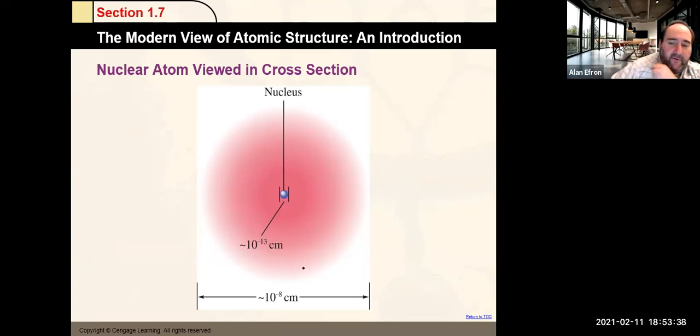Again, you can see that very small part in the center. And this picture is our nucleus, where we have protons and neutrons. And obviously all that pink color or red color is what's sometimes referred to as the electron cloud or electron density. Not sure how well it picks up, but if you look in this area here, it's a little darker pink than as we fade out this way.